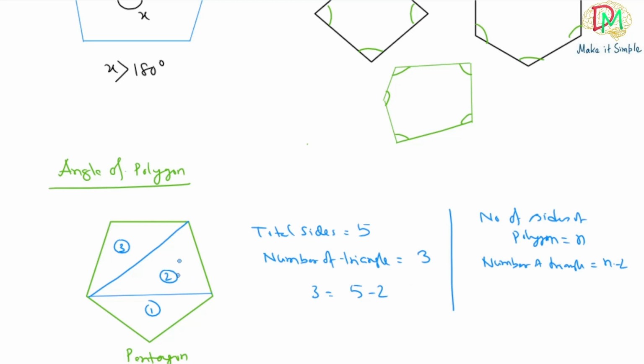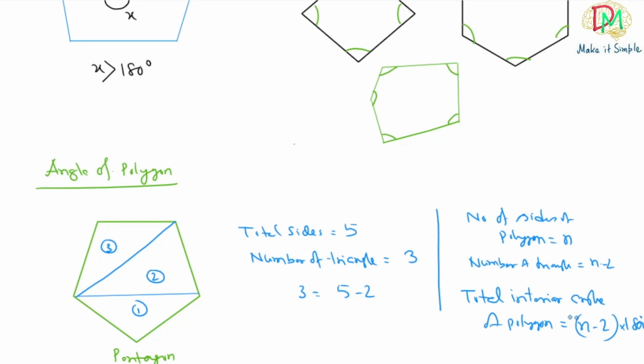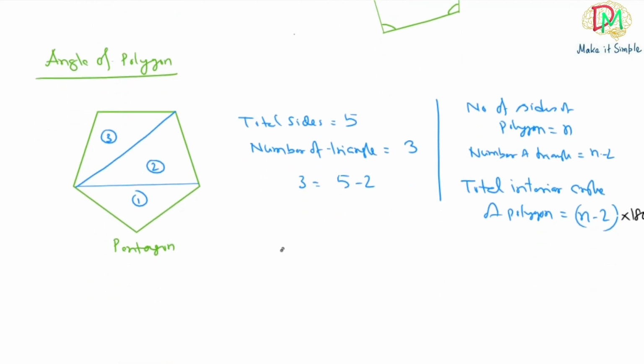So how many triangles are there? 3. So the total interior angle of the polygon is equal to n minus 2 into 180 degrees. So this is one formula.